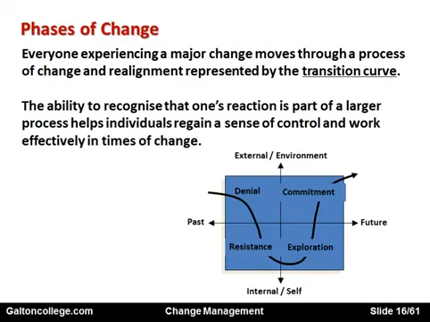So if we look ahead, based on the previous curve, the one I showed you earlier on, we have this denial. On the axis we've got the external environment, and we have the internal self, the past and the future. And as the product starts to dip, as we move into the future, you can see we're in denial, and then there's resistance.